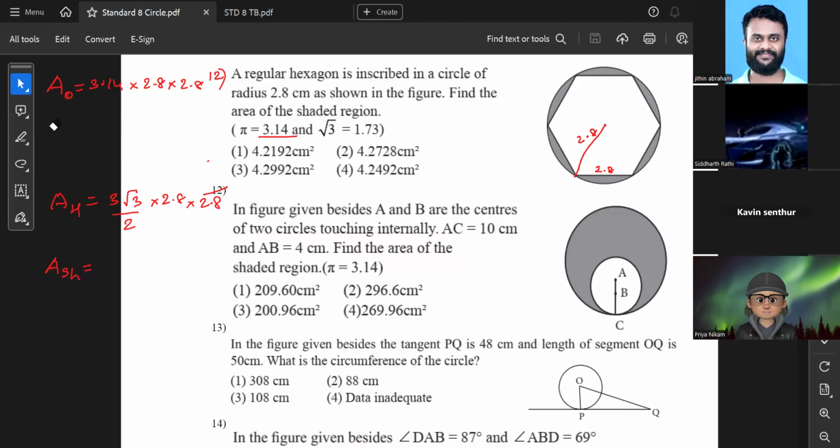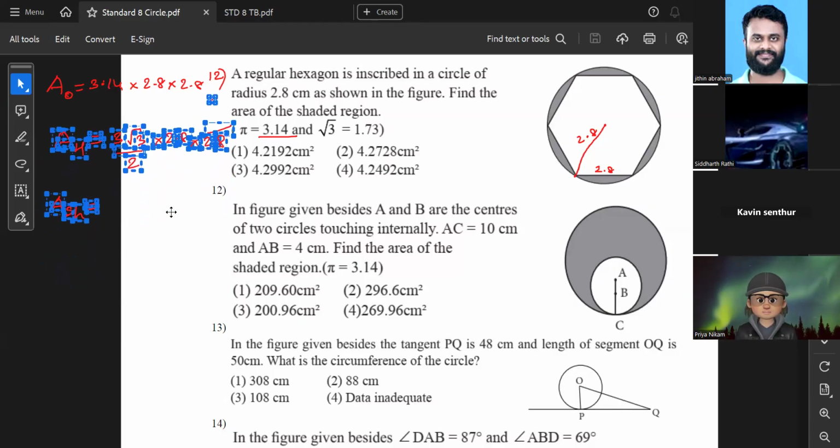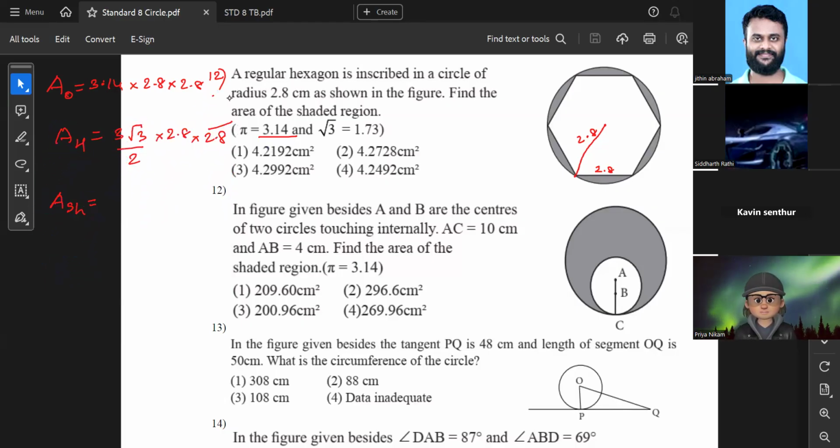I'll not consider this, I'll directly consider this. Do one thing, take everything up. The area of the shaded portion will be the difference of this.